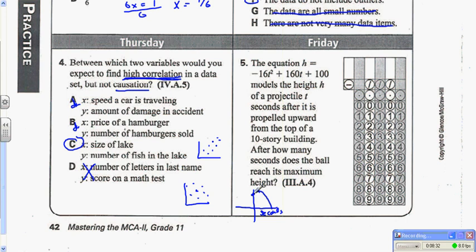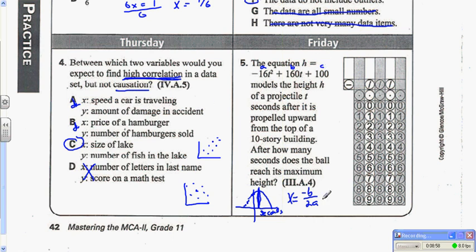Now, in a parabola, this is the line of reflection, or axis of symmetry. And the equation for axis of symmetry is negative b over 2a, where the number in front of the t squared is a, the number in front of the t is the b, and then the one with no letters is the constant c.